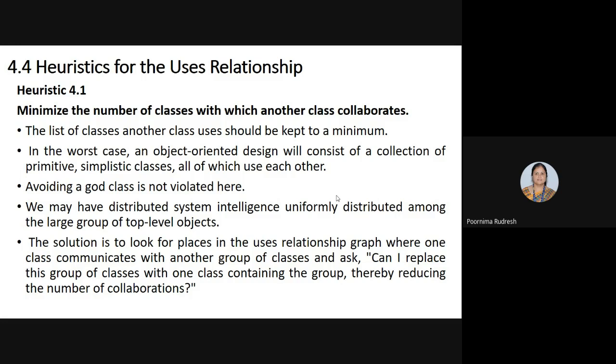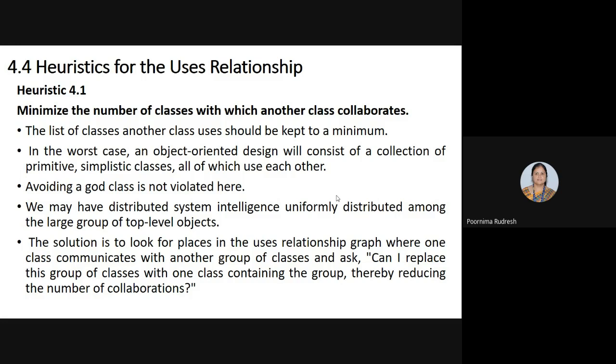When class 1 interacts with class 2, class 3, class 4, there exist 3 collaborations: class 1 with class 2, class 1 with class 3, and class 1 with class 4. In such cases, we need to minimize the collaborations. How can we do that?